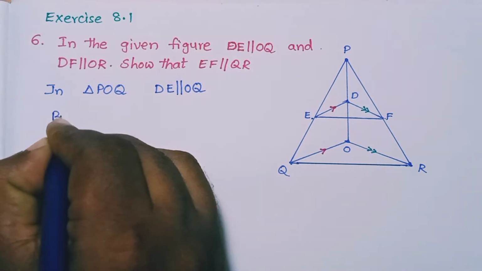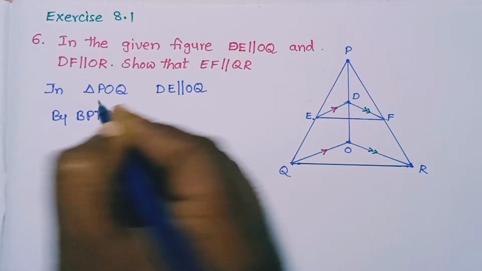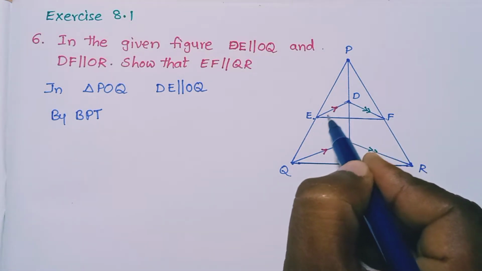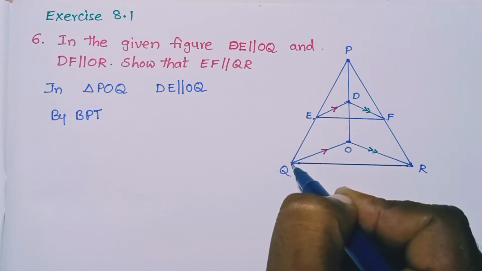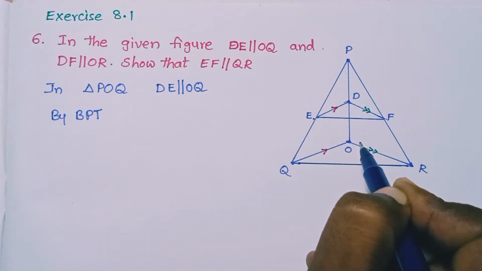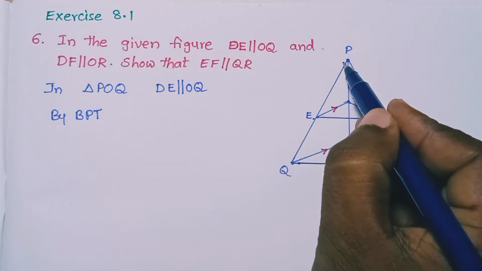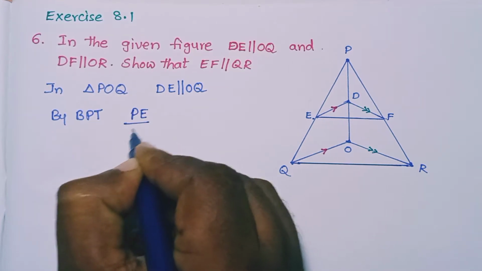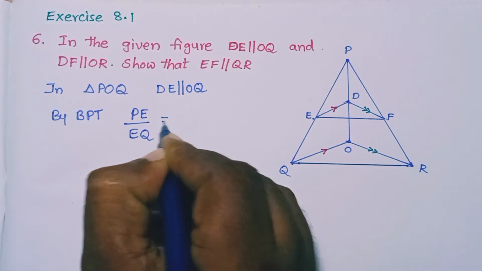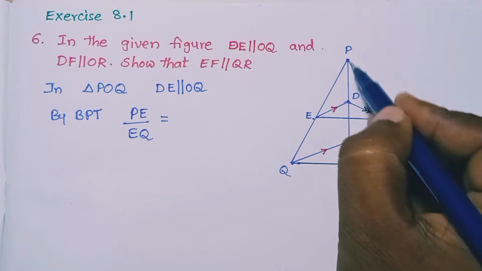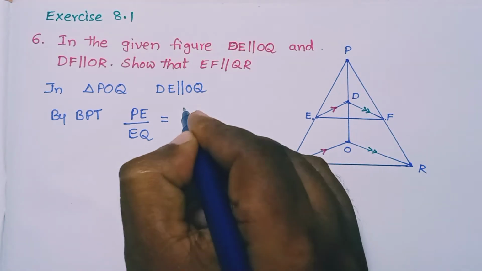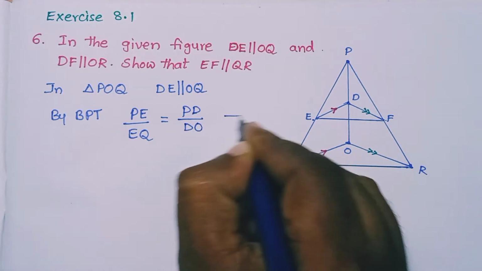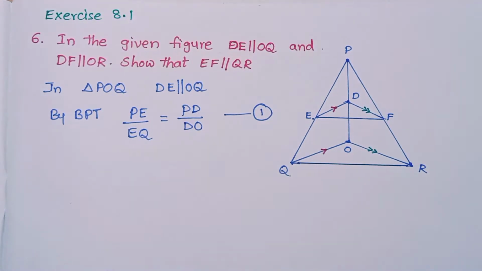By basic proportionality theorem, we can write a line drawn parallel to one side of the triangle divides the other two sides in the same ratio. So we can write here PE by EQ is equal to PD by DO. This will be the equation number 1.